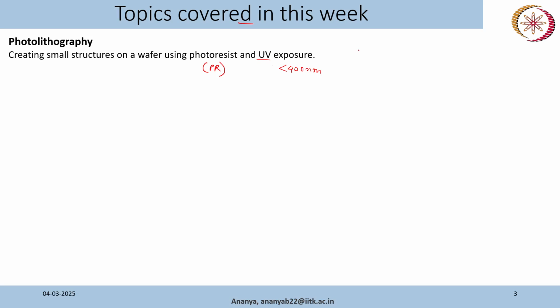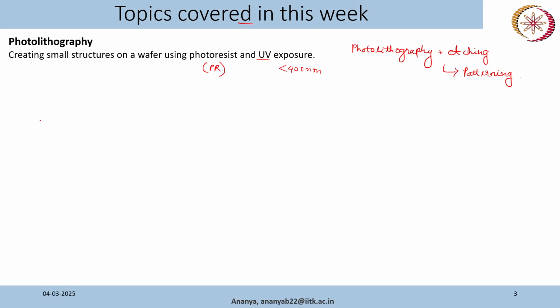Okay, I'll write this down. Photolithography plus etching, this will give you patterning of thin film, because we are mainly considering the patterning of the films that we deposit using some deposition technique.